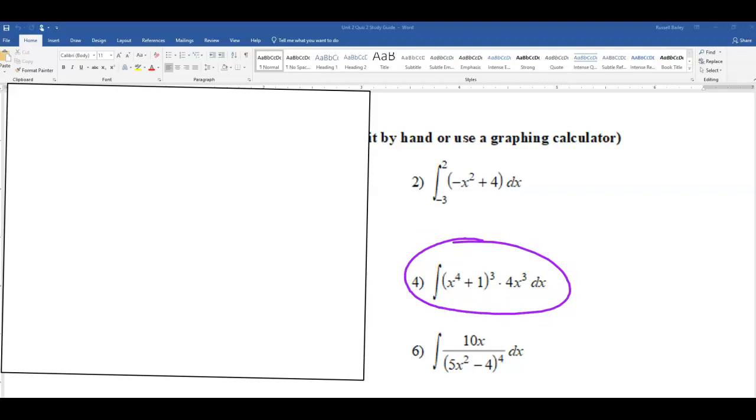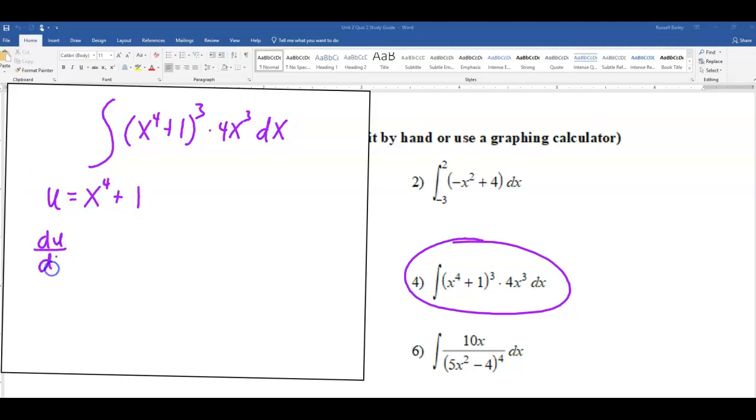Number 4 is going to be a basic U sub problem. In this case, my u is the inside part, which is x to the 4th plus 1. The derivative of u with respect to x is going to be 4x to the 3rd.